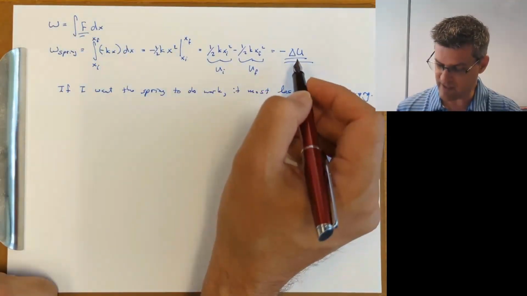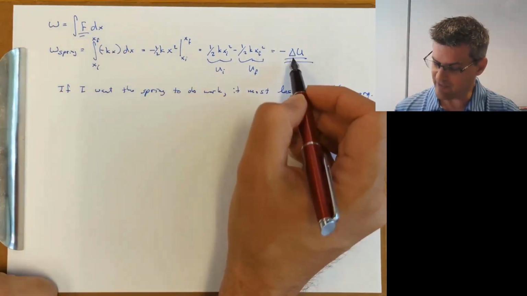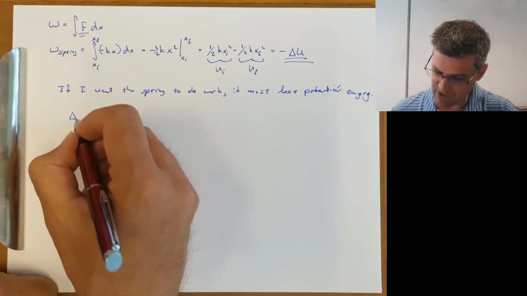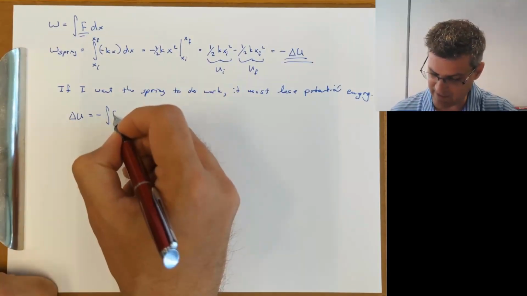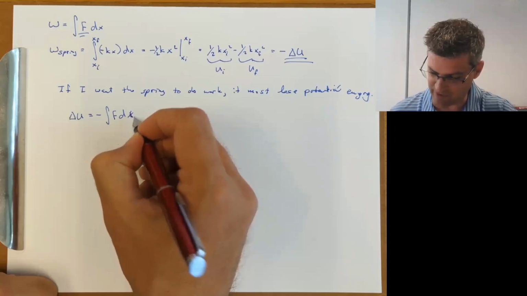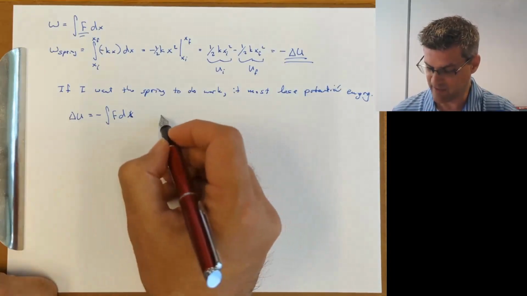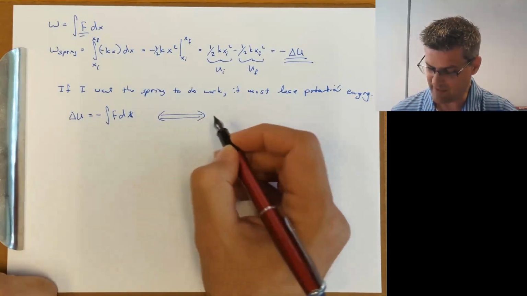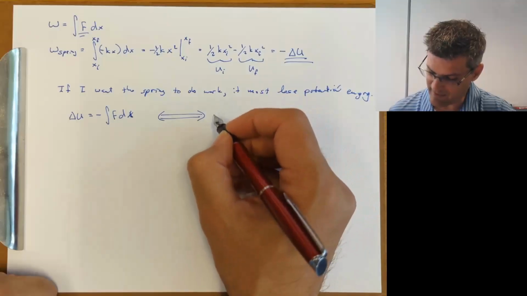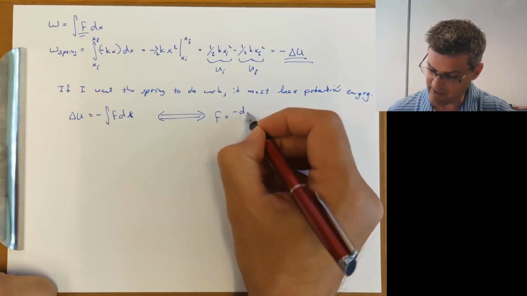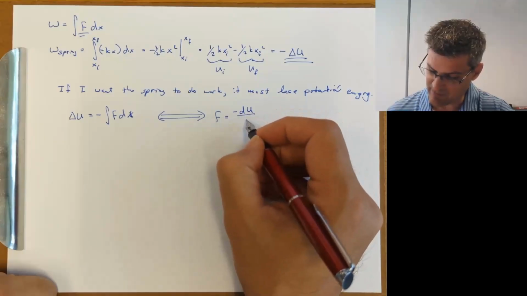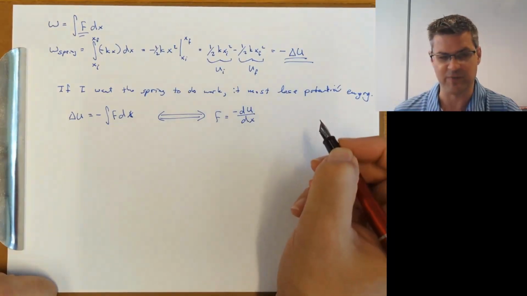And what we see here is that if change in potential energy is negative the integral of force over position, mathematically, that's the same thing as saying that force is minus the change in potential energy with respect to position.